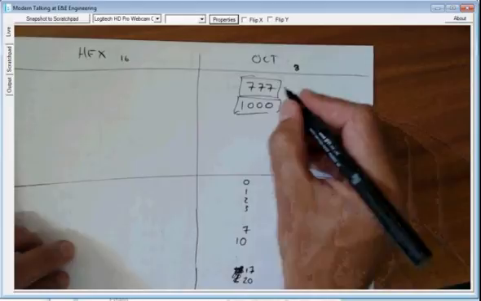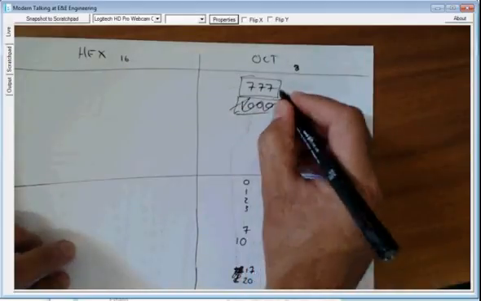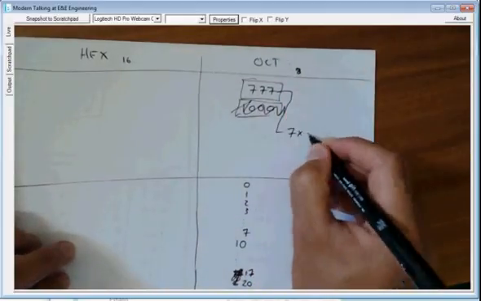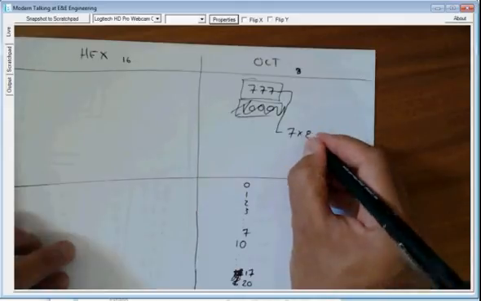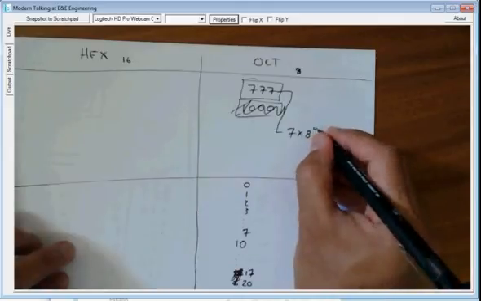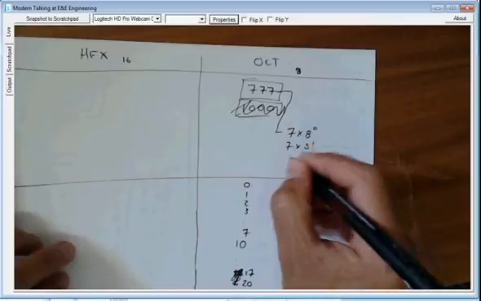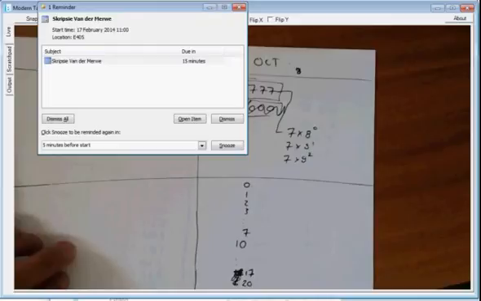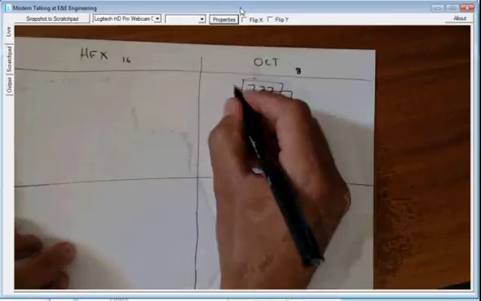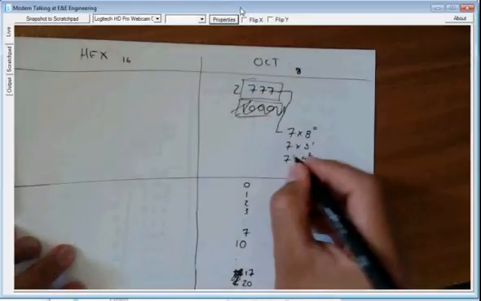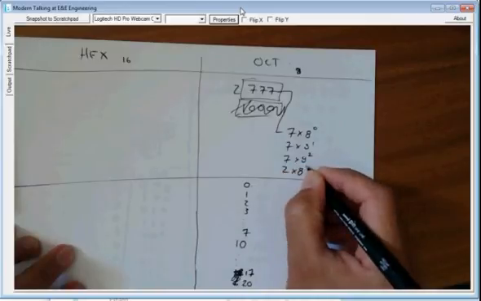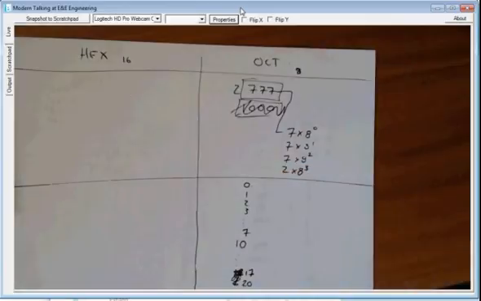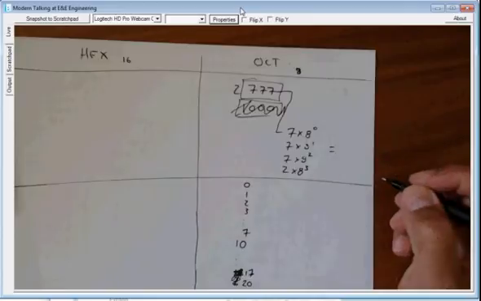And the way you calculate the value of it is, this means 7 times 8 to the power of 0, 7 times 8 to the power 1, 7 times 8 to the power of 2, and let's just add one number here. Let's make it 277, so that will be 2 times 8 to the power 3. So you can see you can quickly represent quite large numbers, which you can't do in binary. So if you calculate that, you'll get some substantial number.